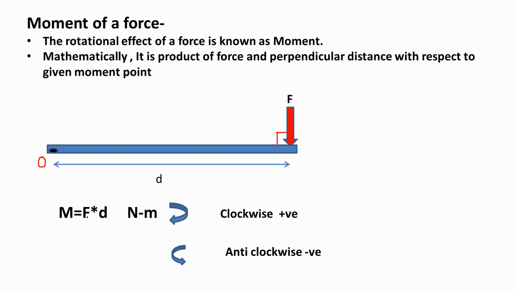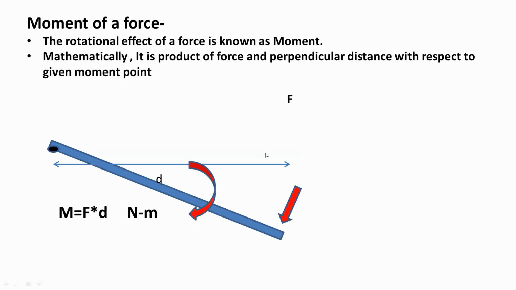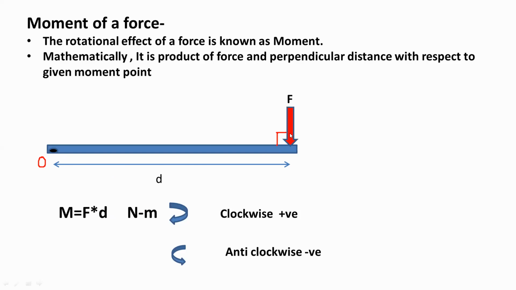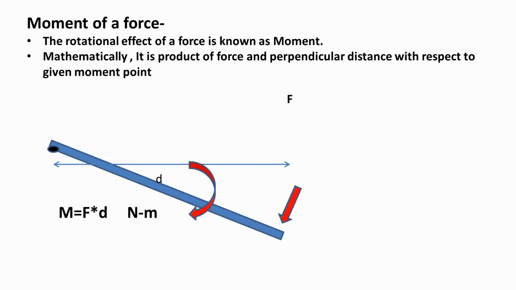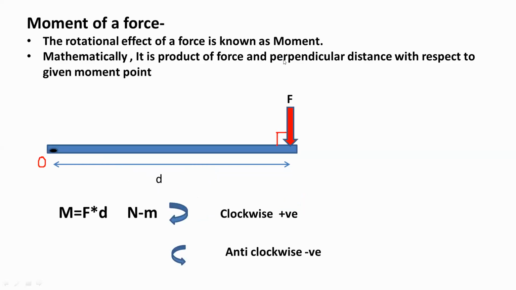It will create the moment equal to F into d, that is Newton meter, and this will create the moment in the clockwise direction. You can see here, this is the rotation. When you apply this force F, it will try to rotate the complete arm about the point O. This point O is called the moment point. This force F is the external force, and d is the perpendicular distance. When we write the formula M is equal to force into distance, the distance has to be the perpendicular distance with respect to the given moment point. I hope this concept is clear, what is the meaning of moment.